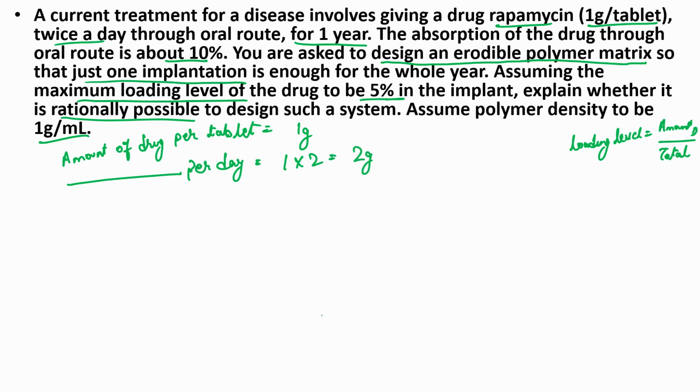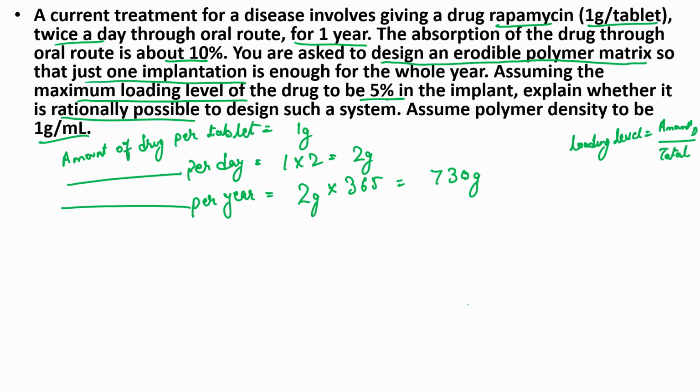Now, this is being taken for 1 year. So, amount of drug per year, and obviously we are only talking about 1 year, is 2 gram times 365 days. So, this is the amount of drug that is being given. So, this will basically become 730. So, we need to give 730 gram of drug for the full 1 year.